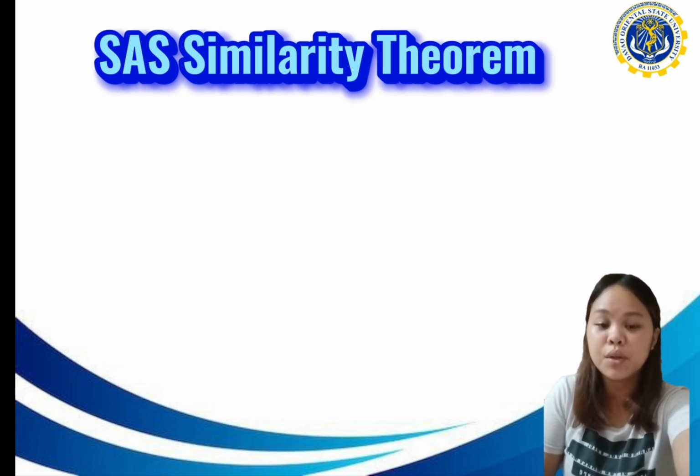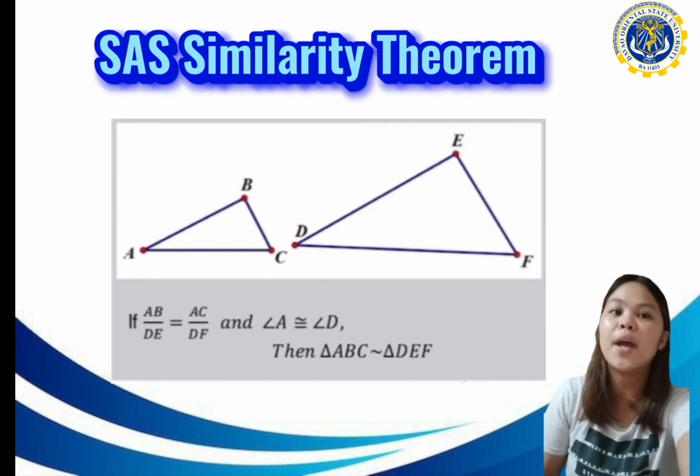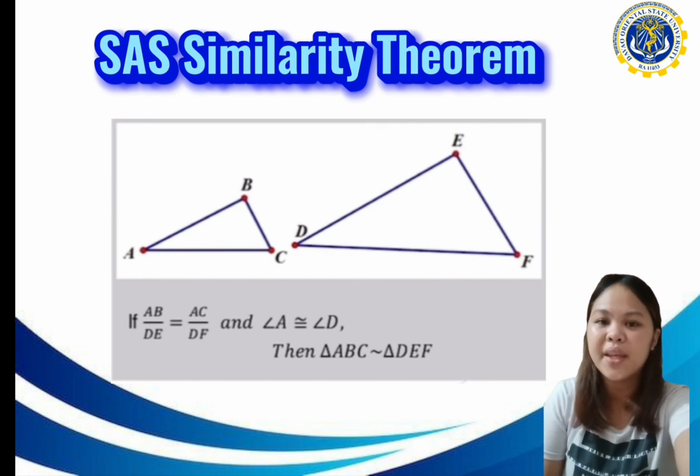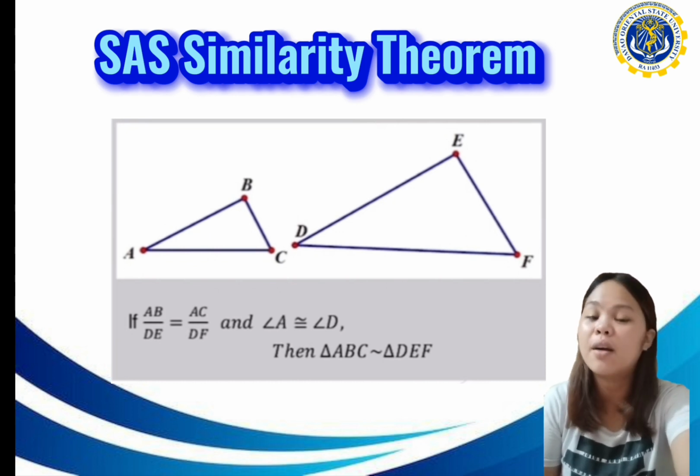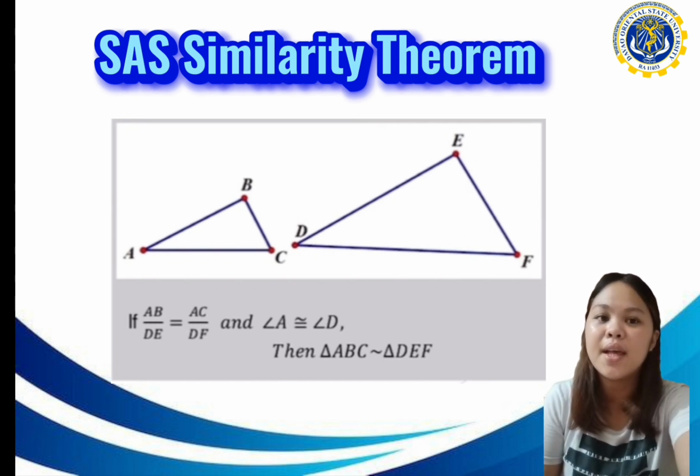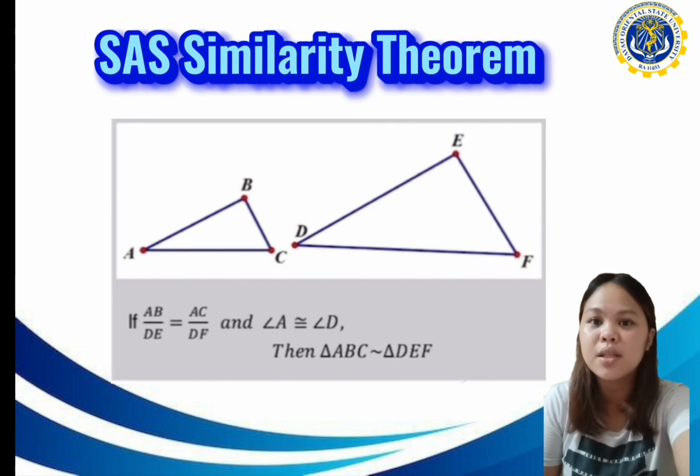By that means, to determine whether two triangles are similar, it is not essential to examine all angles and sides. In fact, it is enough to know that the triangles are similar if you merely know that two pairs of sides are proportional and their included angles are congruent.